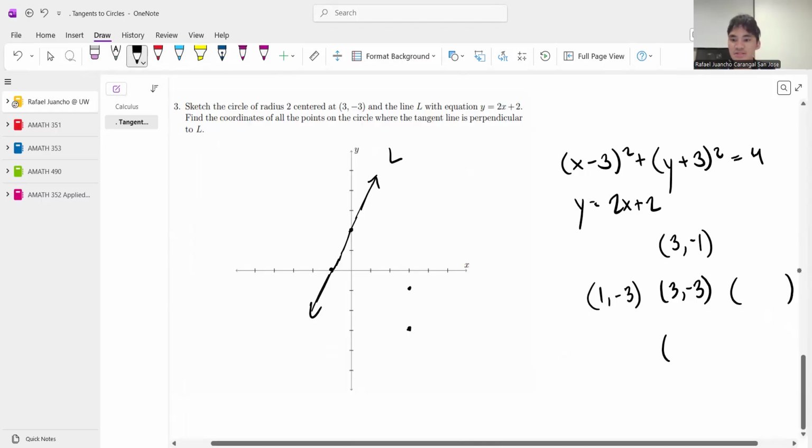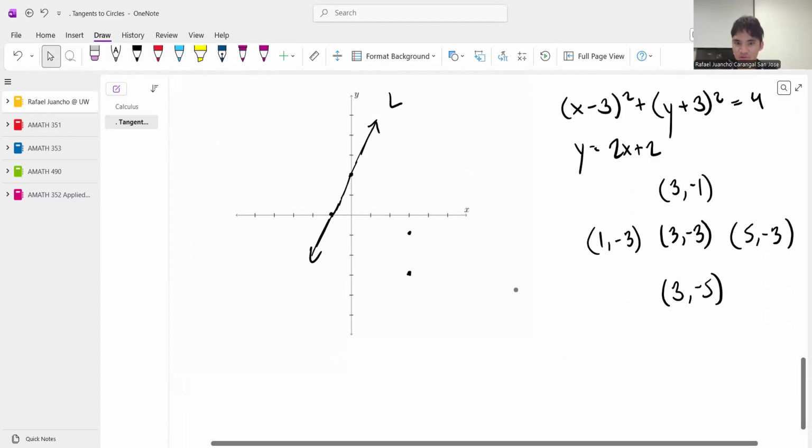Plus 2, this is 5, negative 3. And then if we go down, that would be 3, negative 5. So those are the 4 points we need.